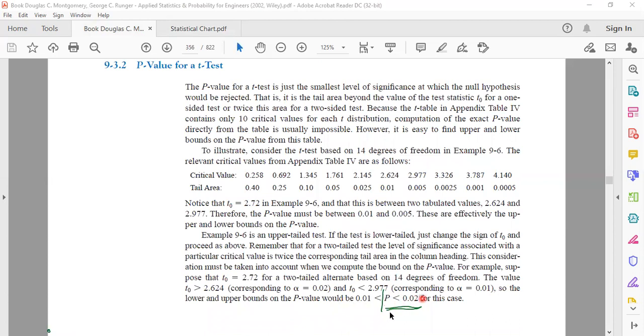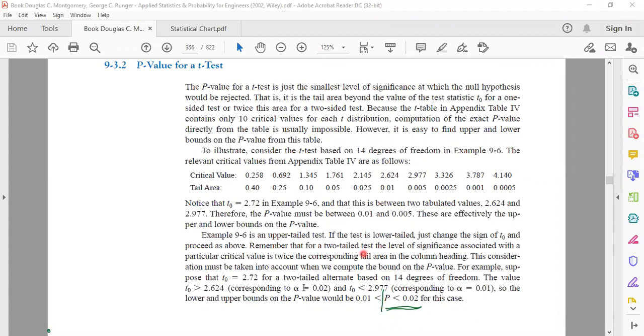With respect to that, if you select any level of significance greater than this, your null hypothesis is going to be rejected. And in this situation, if you consider 0.01 to be your level of significance, then that is less than this p-value at which the null hypothesis would be accepted.